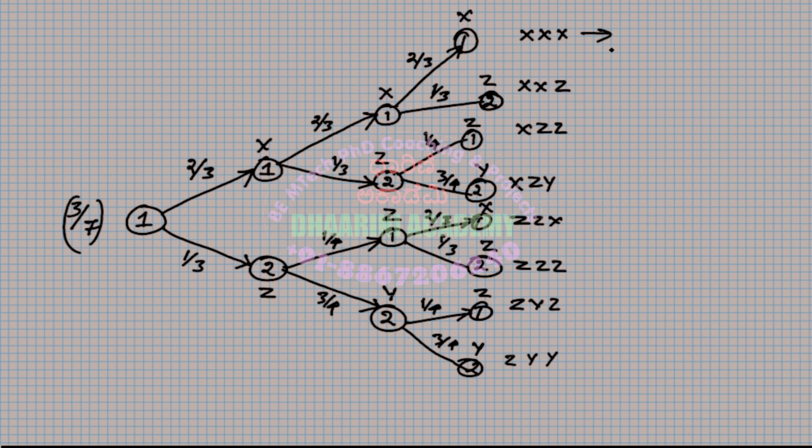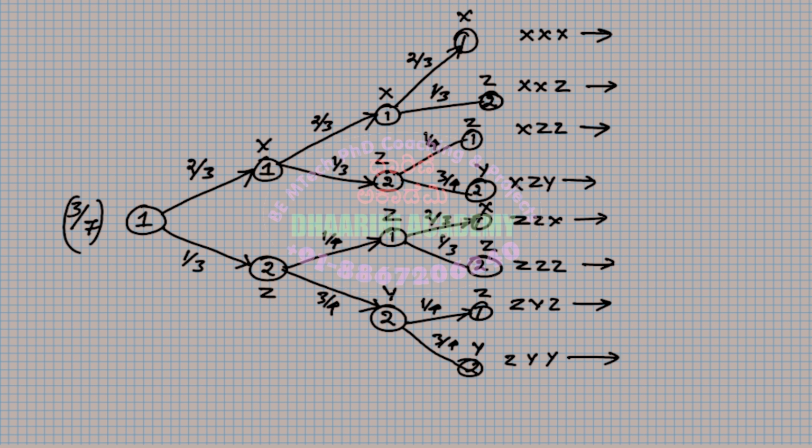We know the probabilities, and now you need to calculate the individual probabilities. Probability of each of the terms we know how to calculate, right? So for the first one, it is 3 by 7, 2 by 3 into 2 by 3 into 2 by 3, right? Okay, fill this, take your time, and then we'll continue.